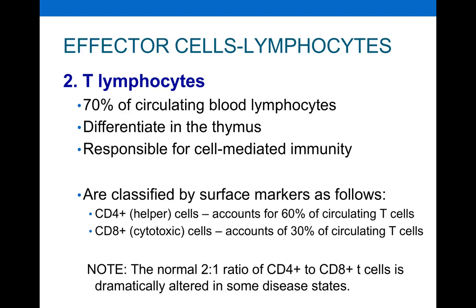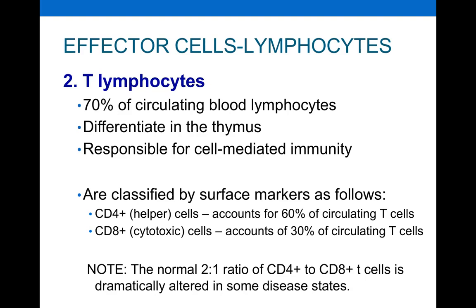Okay, and these T lymphocytes are classified by surface markers, and these are the cells: the CD4 or the T helper cells, and the CD8, which are the cytotoxic T cells.